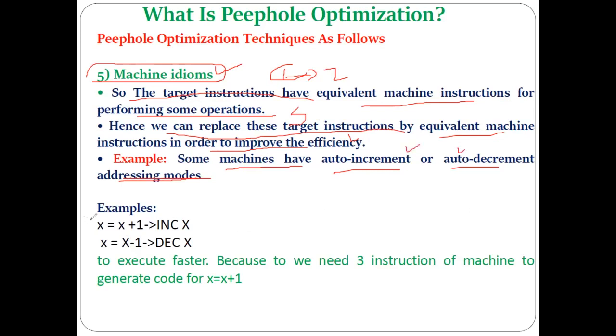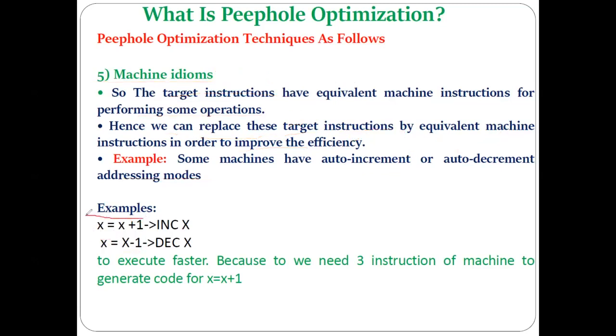Let's take an example. Suppose x is equal to x plus 1, or another instruction x is equal to x minus 1. Now for this particular code, x is equal to x plus 1, we are going to need three machine instructions. Why?